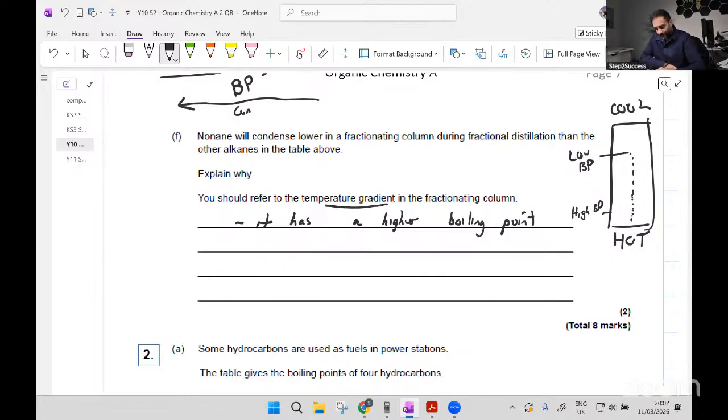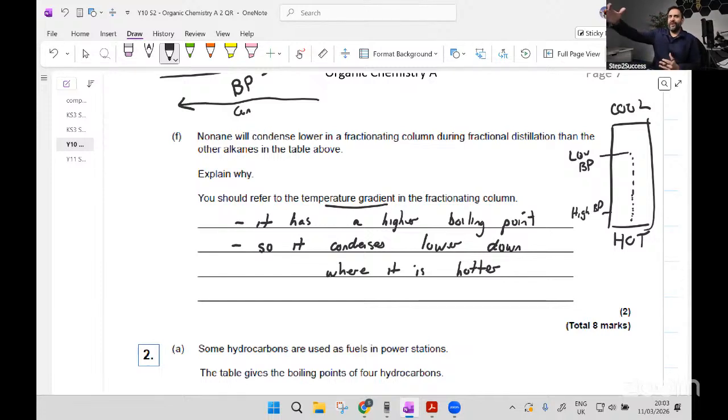So it condenses lower down where it is hotter. So the bigger things, nonane, decane, condense lower down on the fractionating column. Everything else, as it gets smaller, condenses higher up.